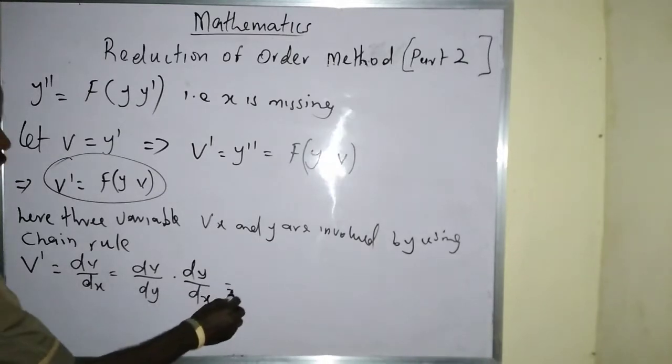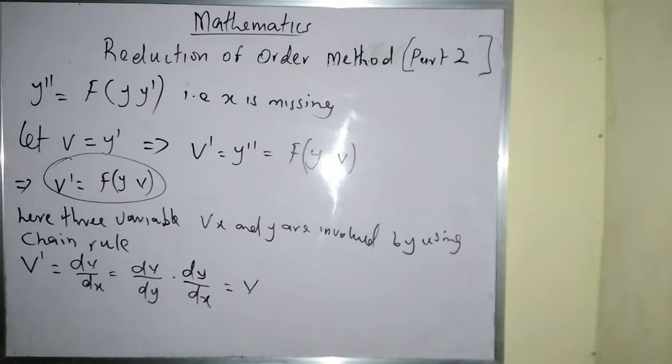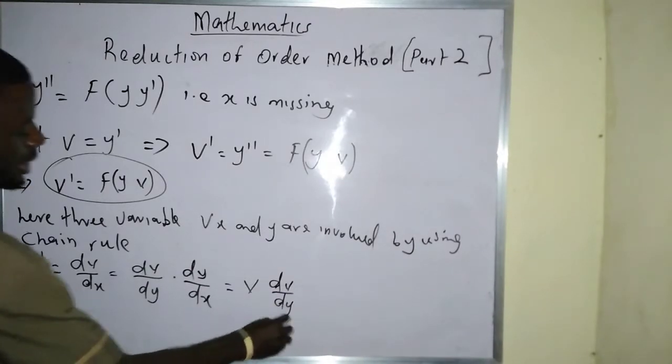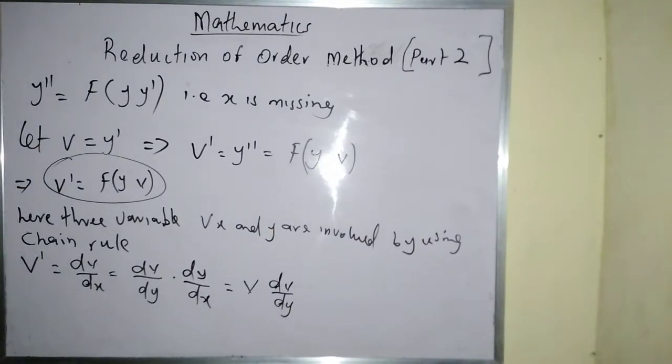This is also the same thing as v, this is giving me v times dv over dy, that is, v and the y. That is what I want you to understand. That is what really shows the difference between the first one and the second one.